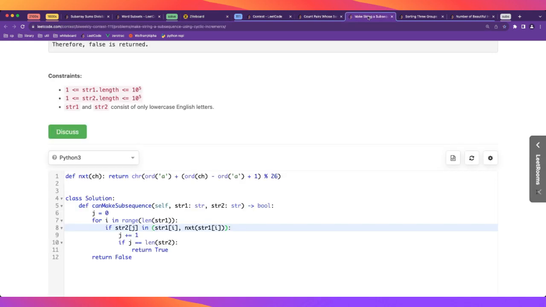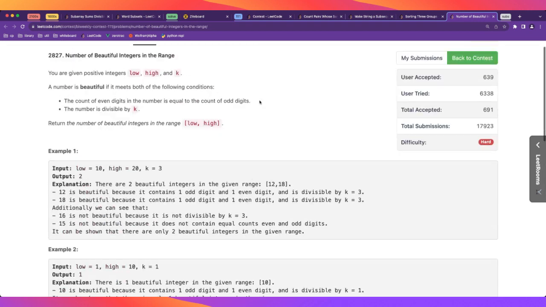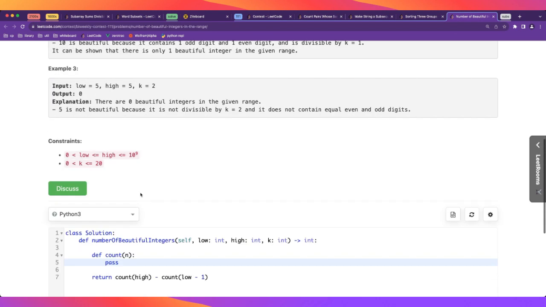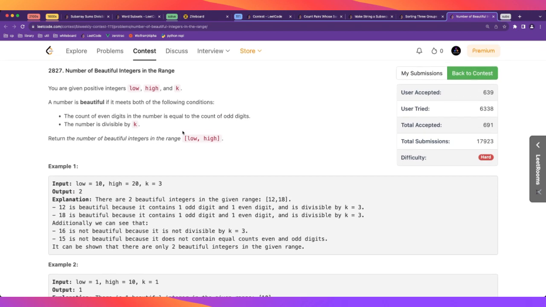Let's remember the conditions. We have to keep track of how many even digits we added. I mean, the numbers are going to have at most, I don't know, 10 digits. If it's 10 to the 9, at most they have 10 digits. If you think about the recursion, we're going to do this with memoization recursively.